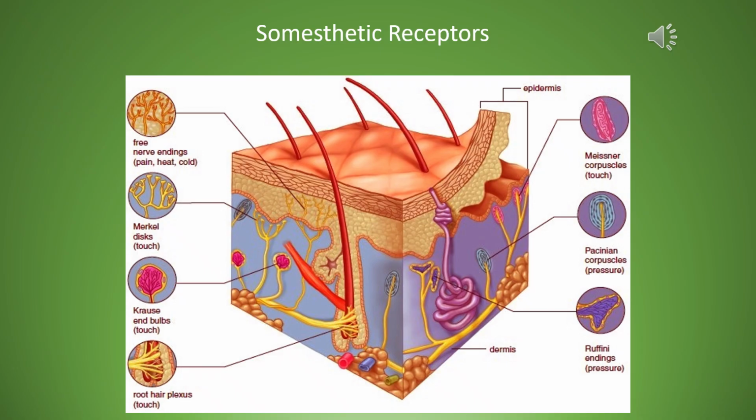When they are stretched, they are at risk of being torn. So we send signals to the brain to make adjustments so that our tendons and muscles are not torn. So those are Golgi tendon organs, muscle spindles. They are also somesthetic receptors. They simply are not located in the skin.